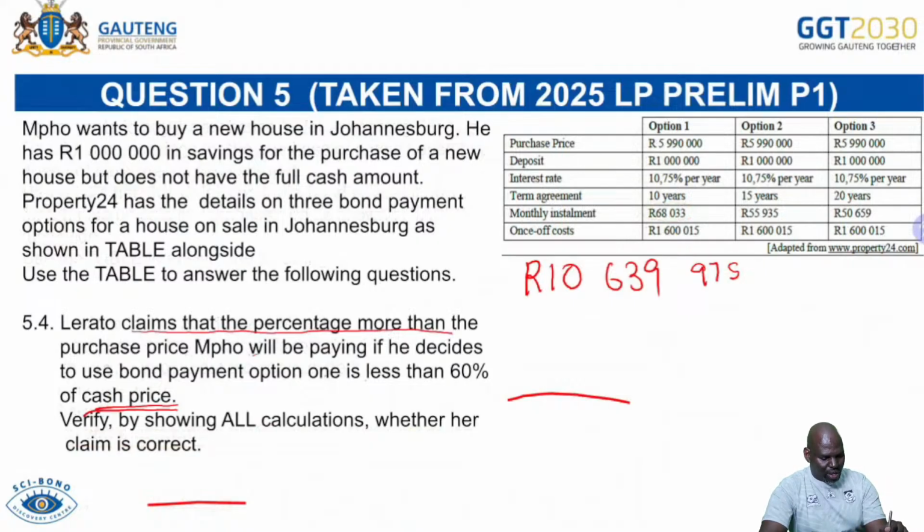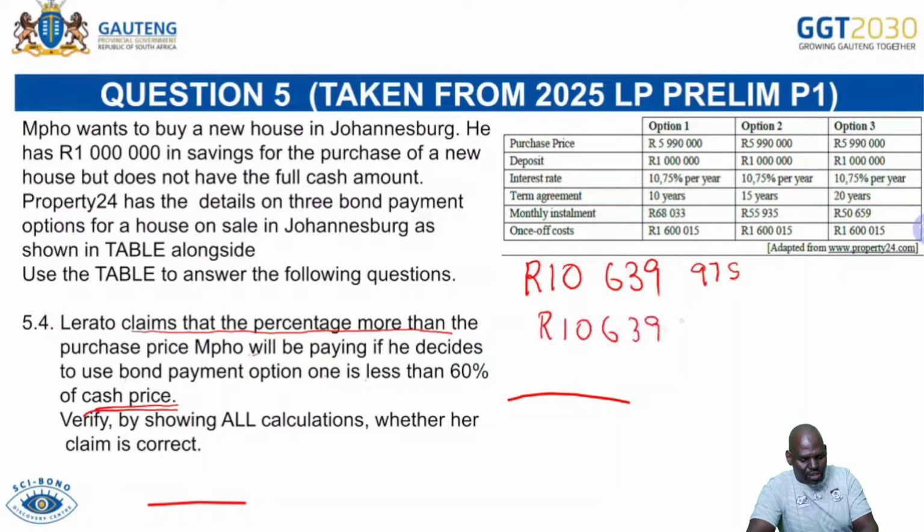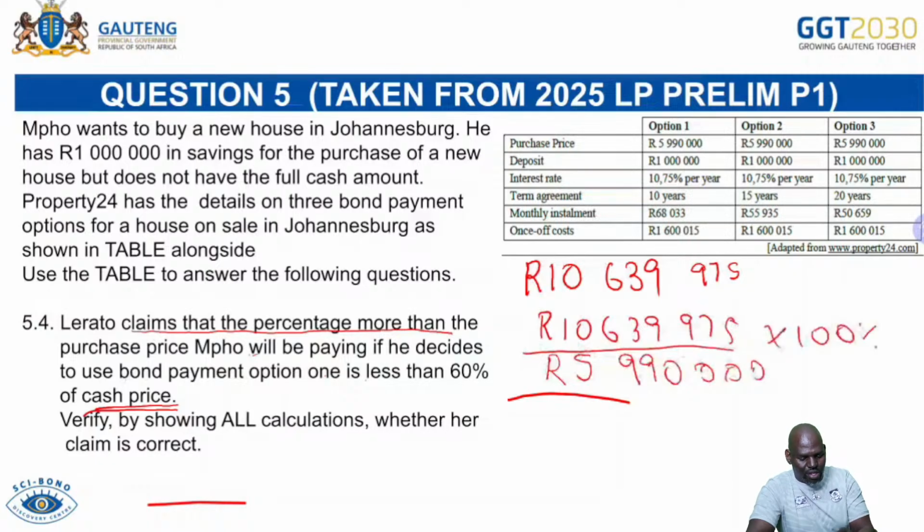They say if you decide to use bond payment option 1, it is less than 60% of the cash price. So for this, we must check the 10,639,975 divided by the cash price, which is 5,990,000, and we times it by 100%.